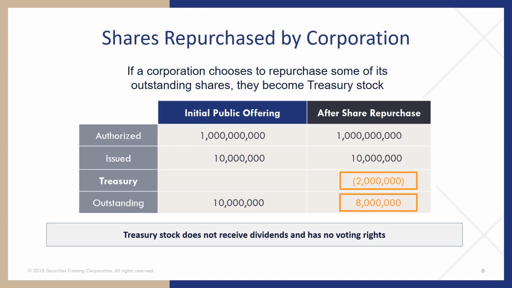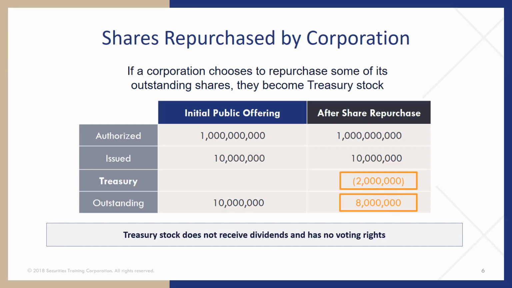So if there are 8 million shares outstanding and the price per share was $1, which is a very small number, of course, the market cap would only be 8 million. If it was $10 or $100, it would be 80 million or 800 million. And that number changes every day as the market price per share changes every day.